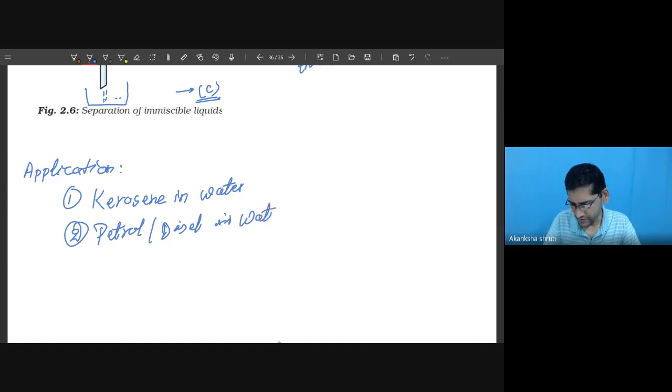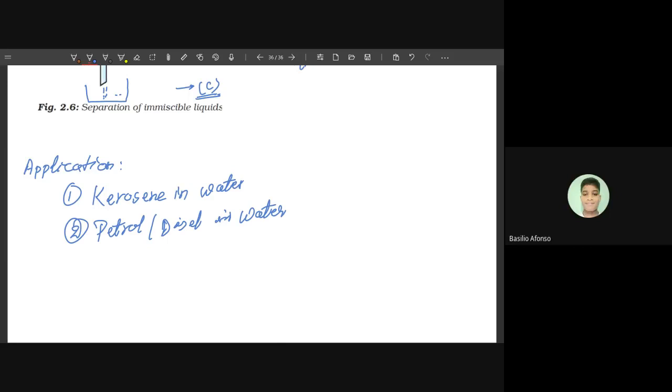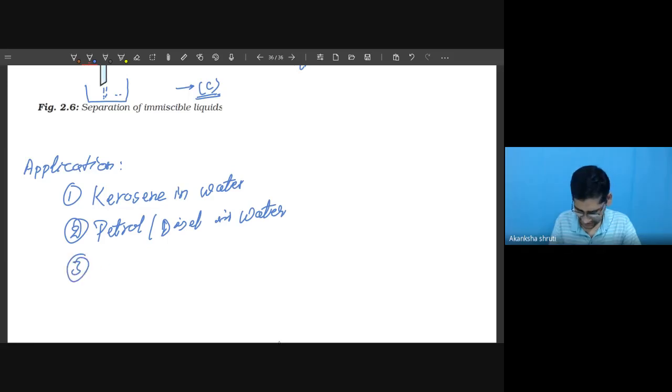These things can also be separated. Yes, the grease can also be separated in water. These are the things that can be separated.